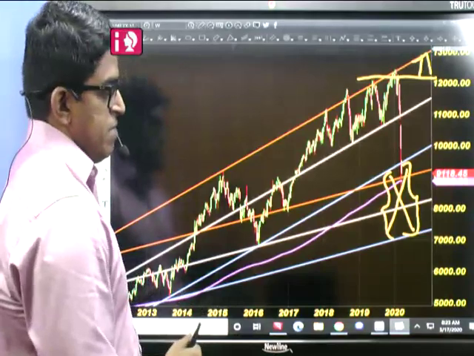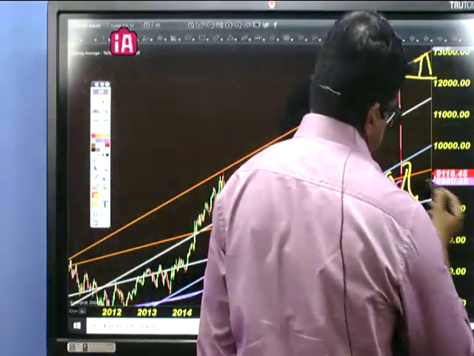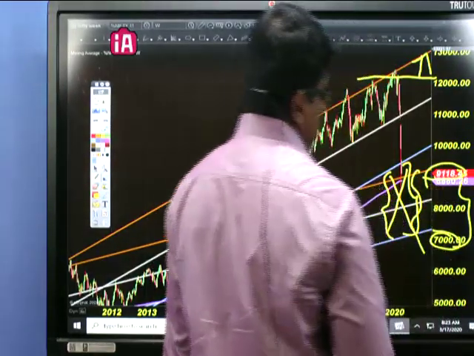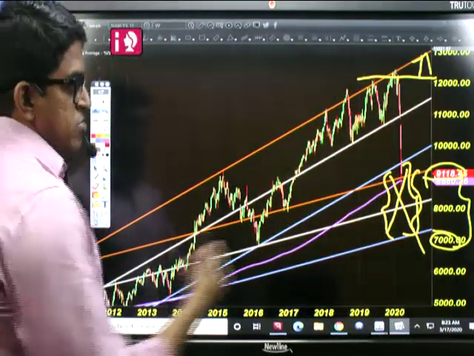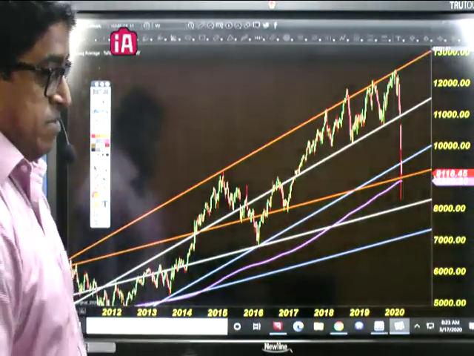So this is the time where you need to hold your nerve for another 1,000, maybe from 9,000 till 7,000. If you can hold your nerve for 2,000 points by picking some right stocks, surely you can expect much greater returns in the coming days.